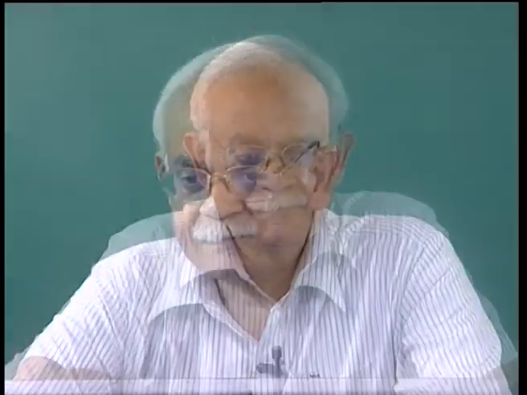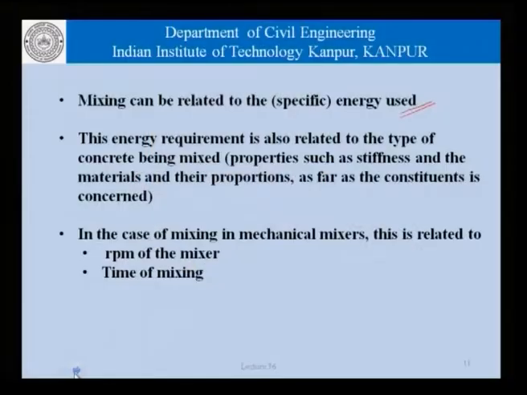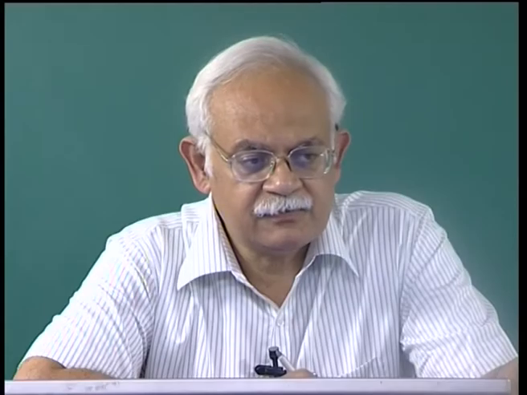If I was asked that, okay, given this mixer, how should we go about operating it in order to produce a uniform concrete, I would say, well, let us mix the concrete for 2 minutes, because that is something which is easiest to measure in the absence of a direct measurement of the homogeneous nature or the uniformity of concrete.